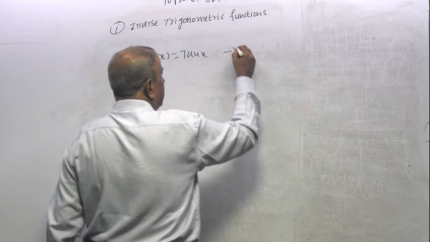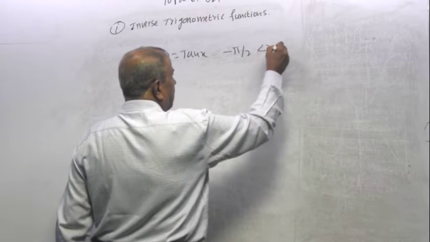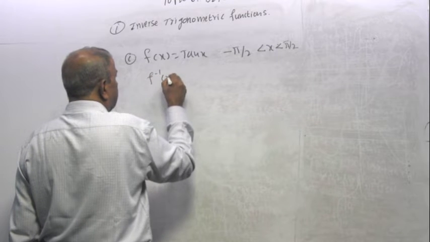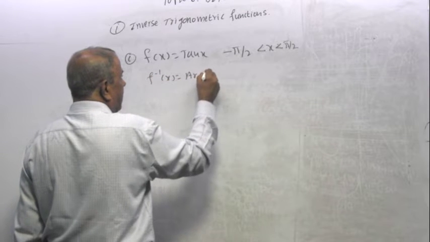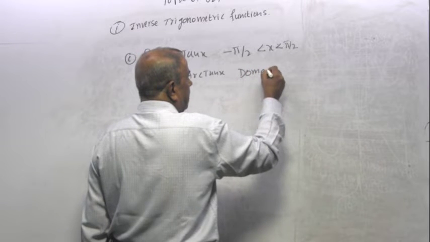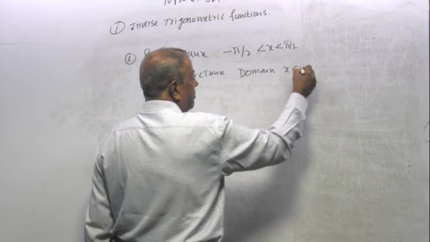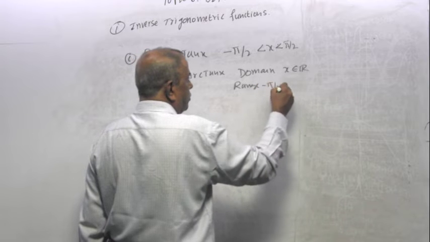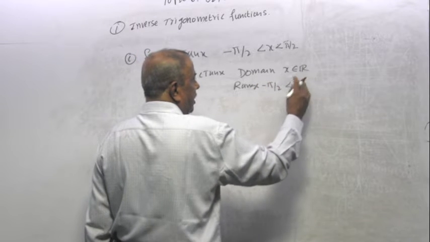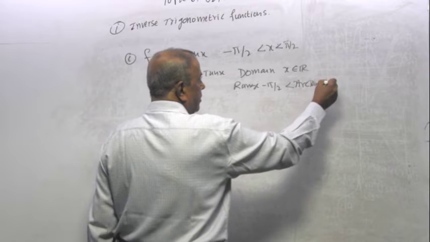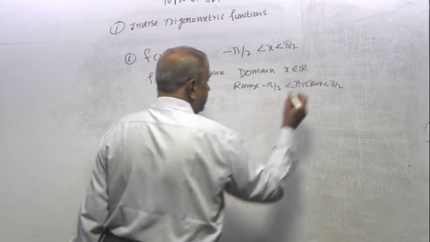The domain is minus pi over 2 less than x less than pi over 2, because it's an asymptote. Then f inverse of x is arc tan x. Domain x belongs to R. Range minus pi over 2 less than arc tan x less than pi over 2.